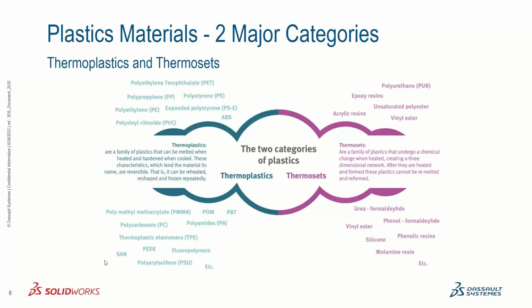Once you've produced bread and it's in its final state, any additional heat would only lead to either charring or burning up of the bread, but there's really no reusable purpose for that bread. So that's thermosets for you. Now, for the purpose of this webinar, we'll be primarily focusing on thermoplastics polymers.